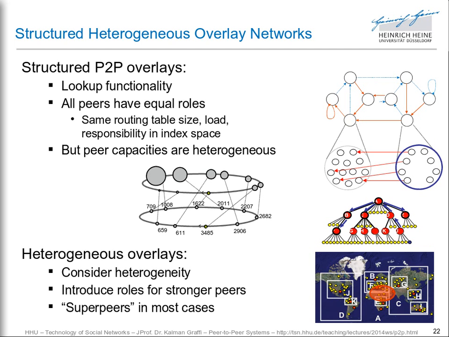Previously, we saw that all peers in most structured overlays like Chord, CAN, or Kademlia perform the same operations independent of their capacities and without a hierarchy. Heterogeneous overlays consider heterogeneity, and they introduce roles for stronger peers. These are super peers in most cases.